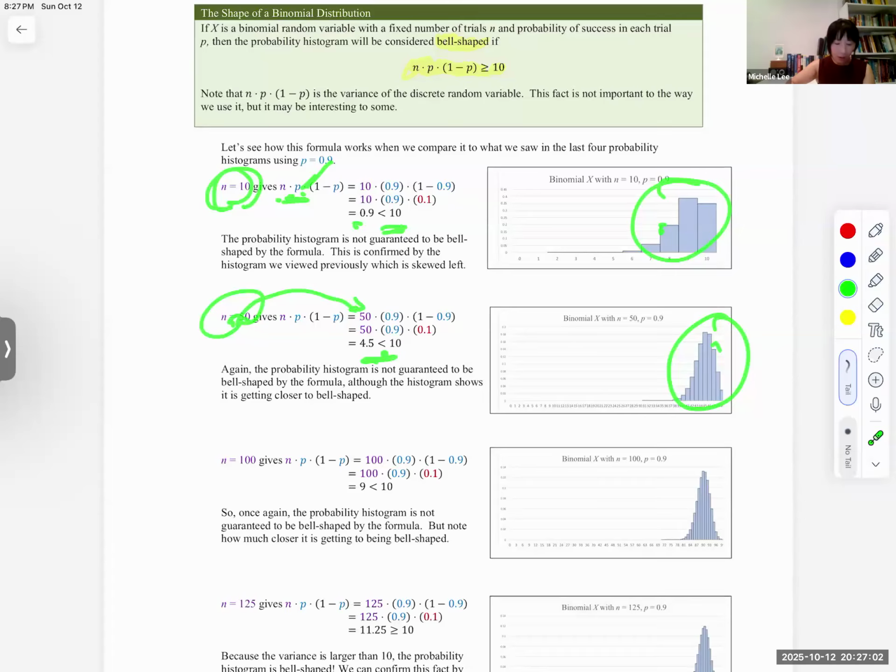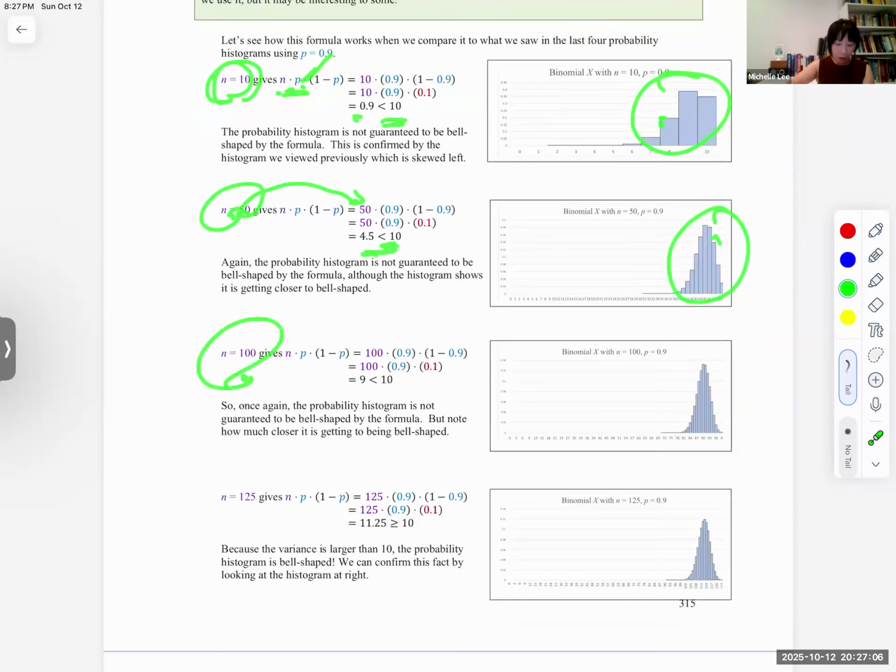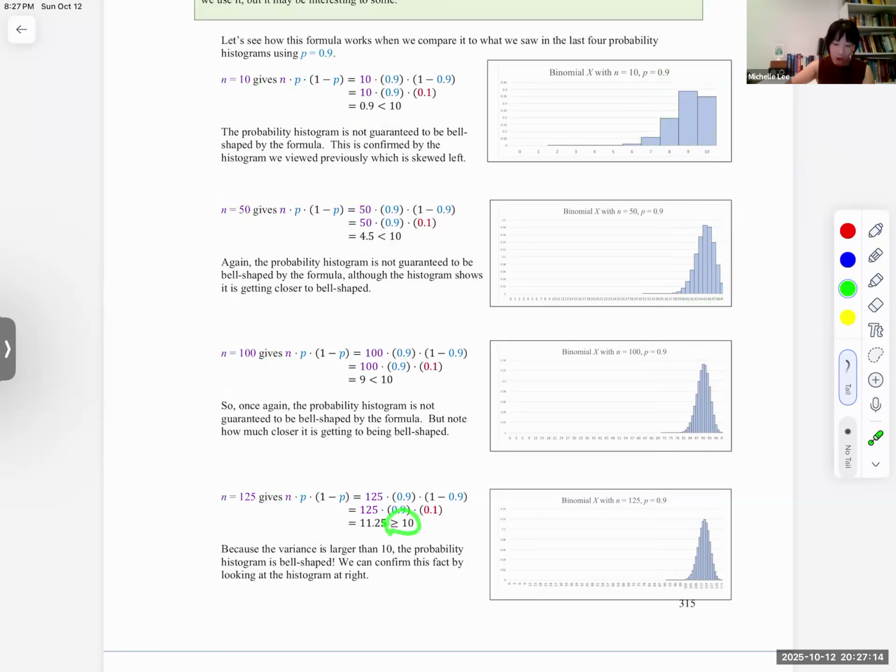Yeah, it's not greater than or equal to 10. n equal to 100, still 9, less than 10. Now, n equal to 125, it's larger than 10, so we confirm the shape is bell shape. The probability histogram is bell shaped.